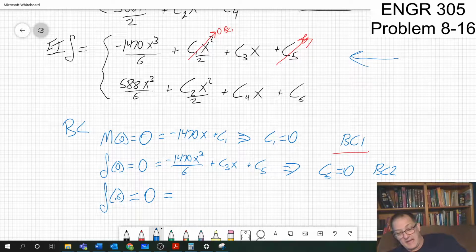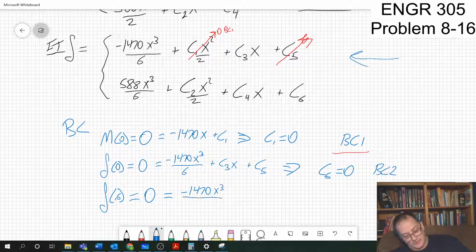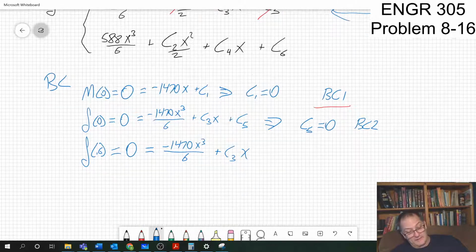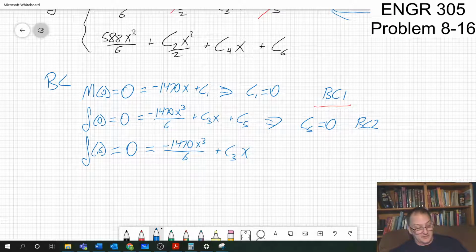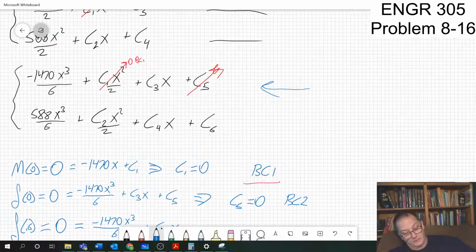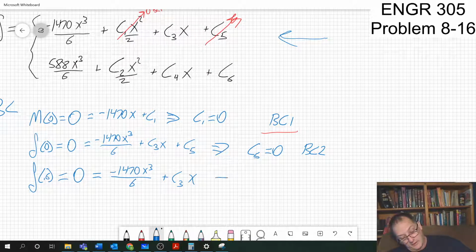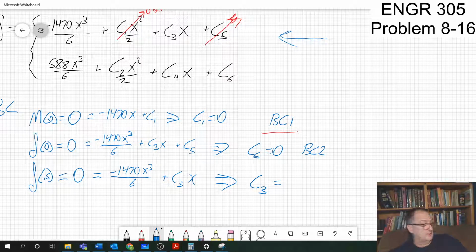That's not an equation that's equal to 0. That's that one there, and that's minus 1470x cubed over 6 plus C3 times x. Yucky. But we can solve that. So let's jump to our trusty calculator, and we're going to come away with C3 equal to 88.2.